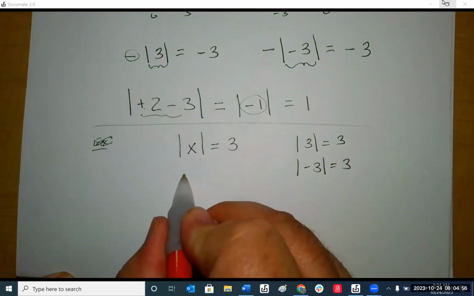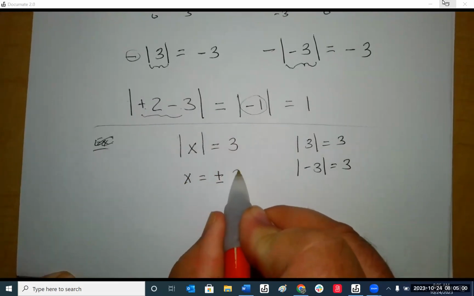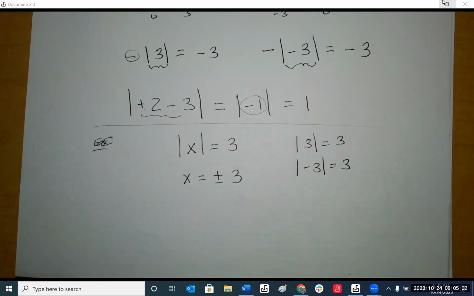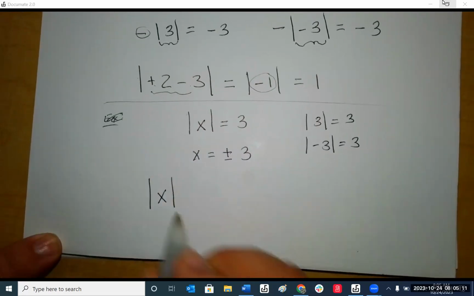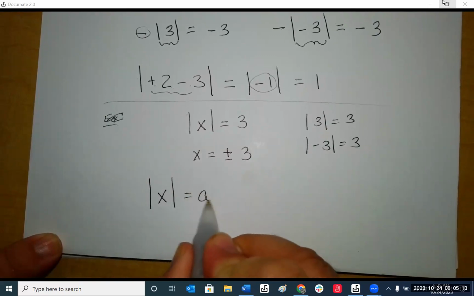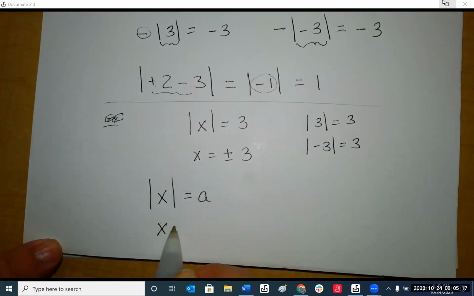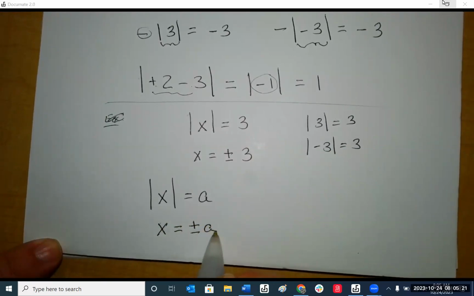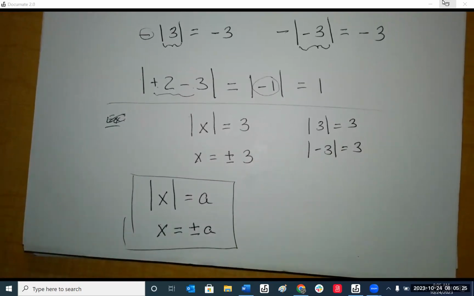So whenever you drop the absolute values, you have to put a plus or minus in front of the answer. So that's our rule whenever the variable is inside the absolute value equals some number. When you drop the absolute values, you have to put that plus or minus in front of it. So there's that formula.